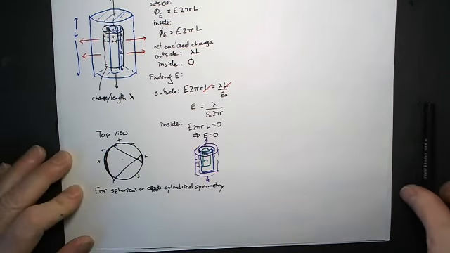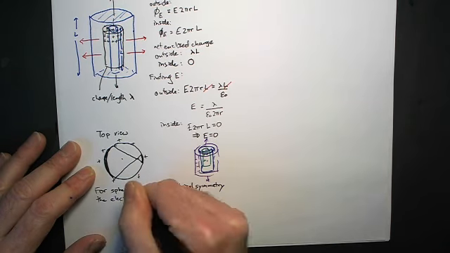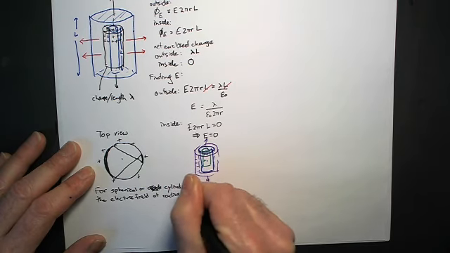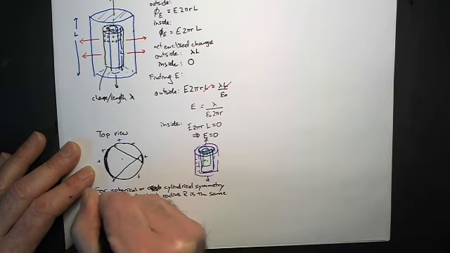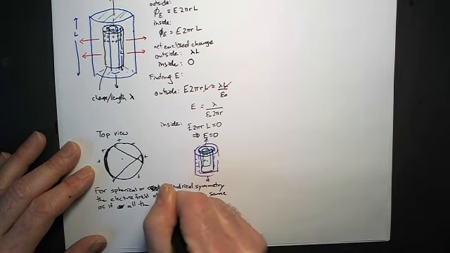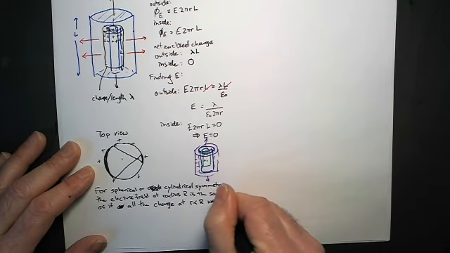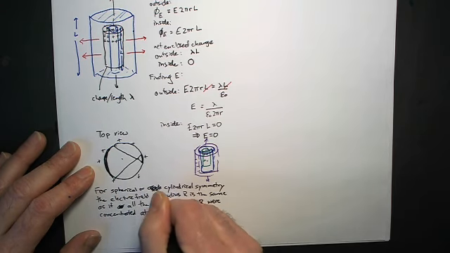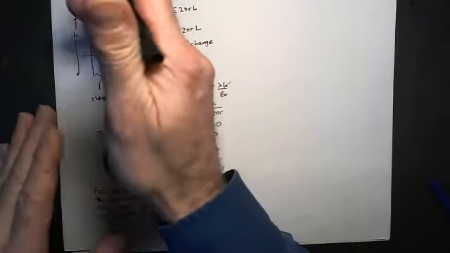So to finish my sentence, for spherical or cylindrical symmetry, the electric field at radius capital R is the same as if all the charge at radius little r less than capital R were concentrated at the center, and by that word center, in the case of cylindrical symmetry, I mean concentrated down to the center line.